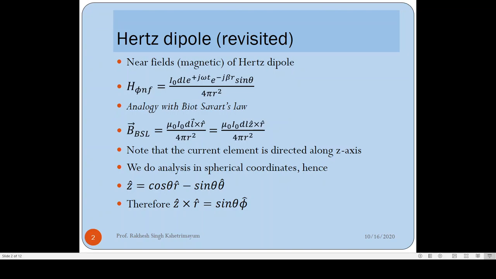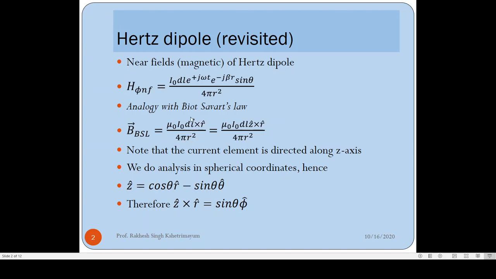You know that Biot-Savart's law is used for finding the magnetic field for magnetostatics. So if you want to find magnetic flux density B using Biot-Savart's law, BSL means Biot-Savart's law, how do you do it? That's a standard expression you have, mu 0 I 0 dl cross R by 4 pi R squared.